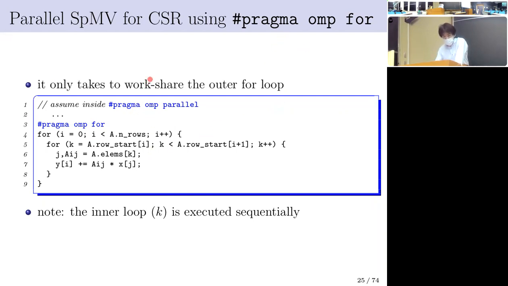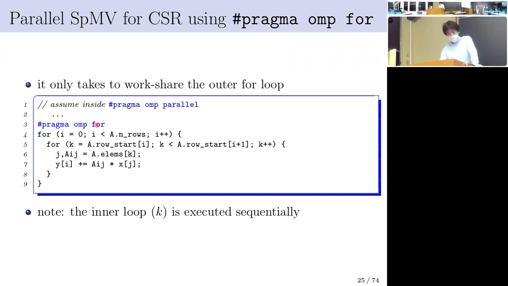Here's how our running example of sparse matrix vector multiply could be written using this pragma omp for. All it takes is inserting this omp parallel somewhere, and assuming that you are inside this omp parallel, you have this for loop iterating over each row of the output vector.